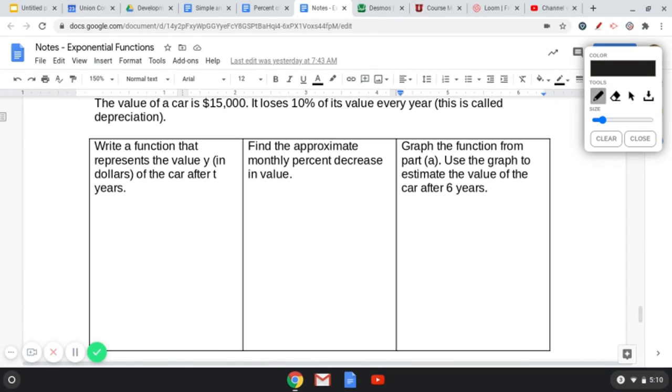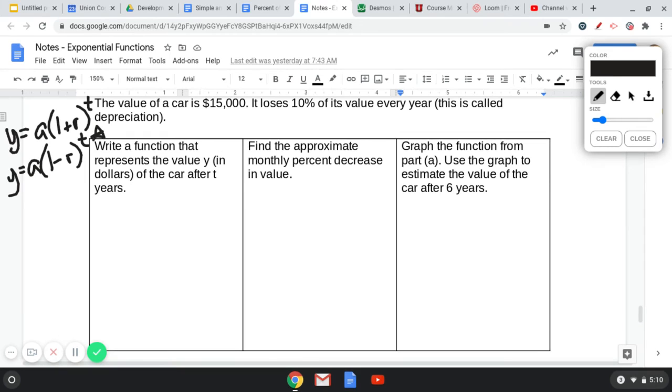All right, y'all. Now, if you go back to the beginning of the notes, you see that our two functions represent exponential growth or decay. On the right-hand side, you'll see y equals the initial value a times 1 plus the rate to the power of t. Or we can write this as y equals a times 1 minus the rate to the t.